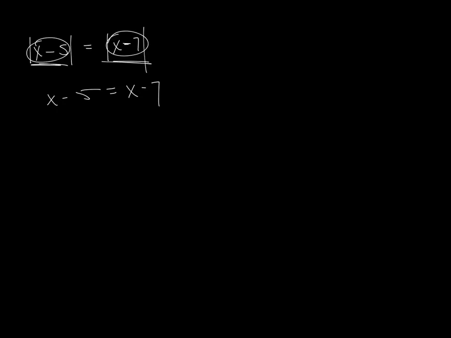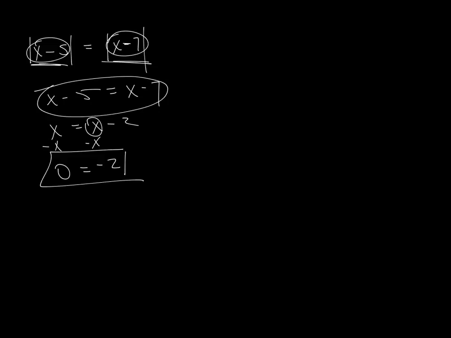Let's see. X equals x, add 5 to both sides. And let's get the x's together by subtracting. And notice we get 0 equals negative 2. We get a statement that is not possible. So there's actually no solution when it comes to this one here.